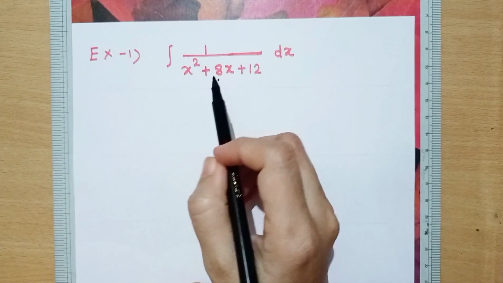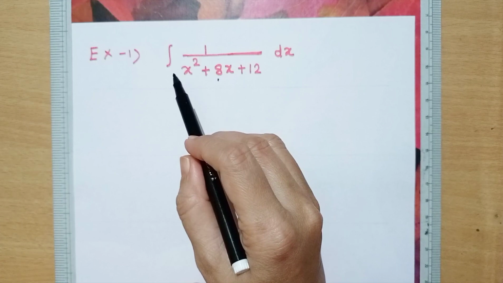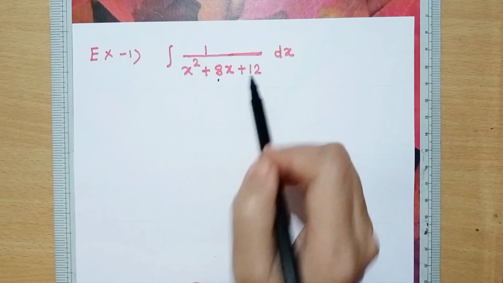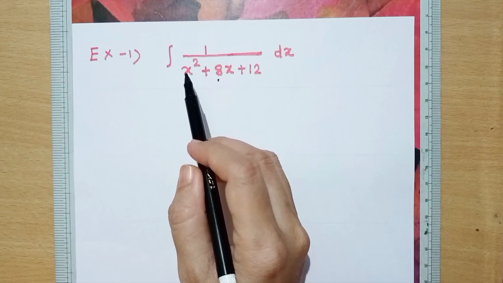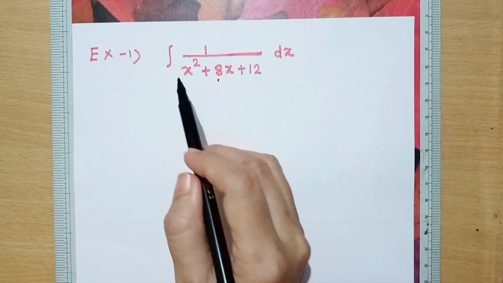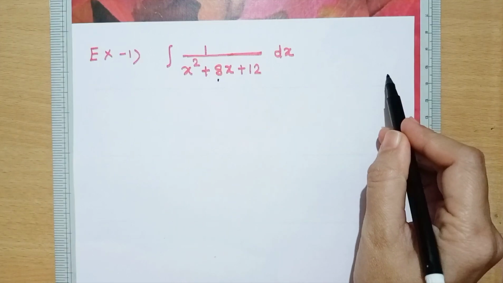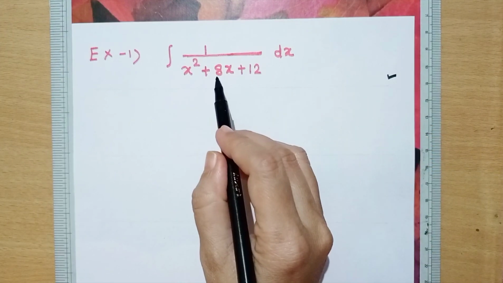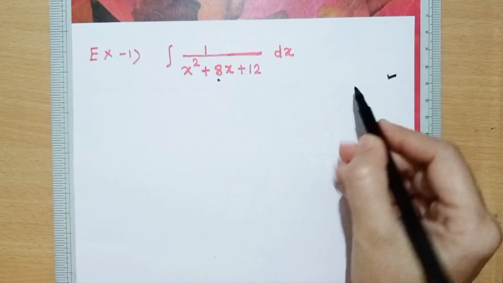Let's solve now this first integral and now check the denominator. This is in the form ax square plus bx plus c. So what is our first step? We are making the coefficient of x square 1, and already here the coefficient is 1, so our first step is covered. Now what is our second step? We will divide the coefficient of x by 2.